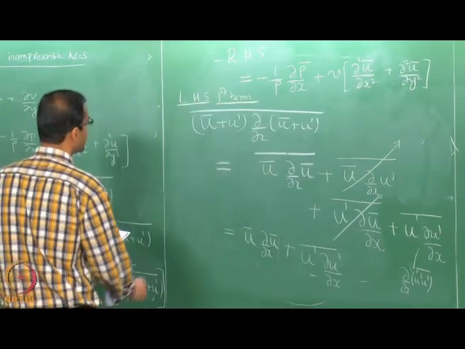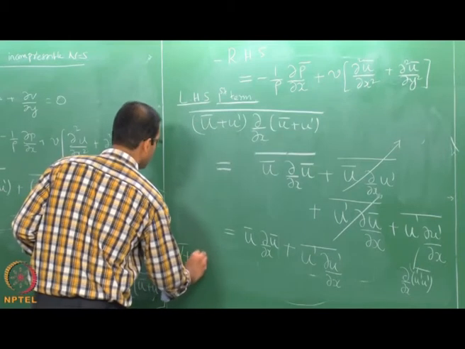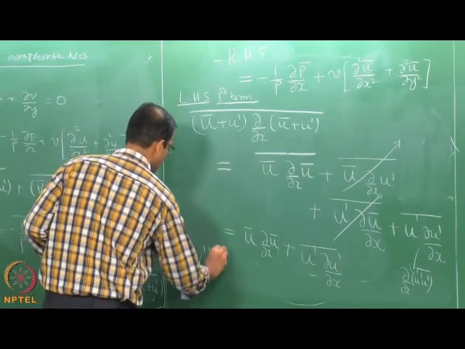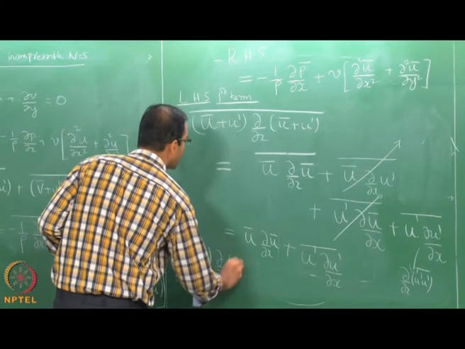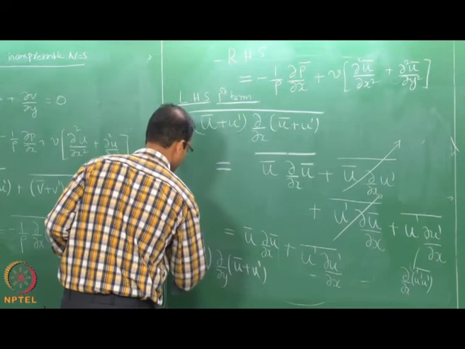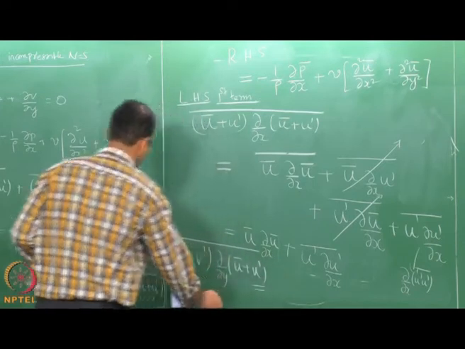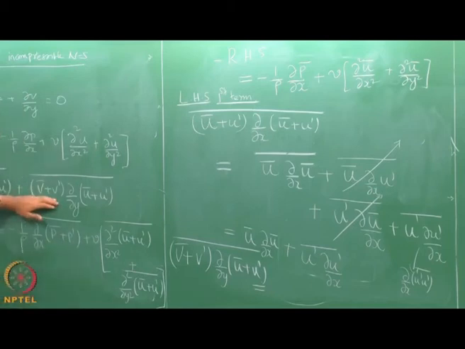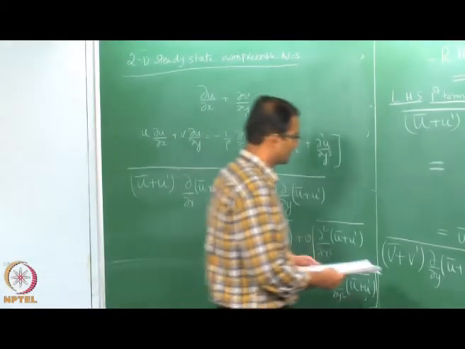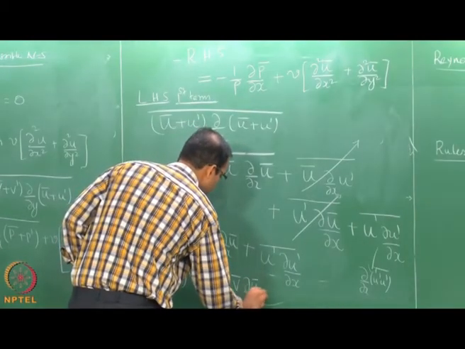If you take the second term, we have v d by dy of... so what do you think will come out of this second term on the LHS? V bar dou u bar by dou y. That is correct.